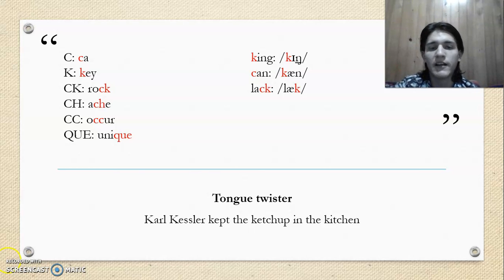And well, its sound can be in different letters, like the other sounds.